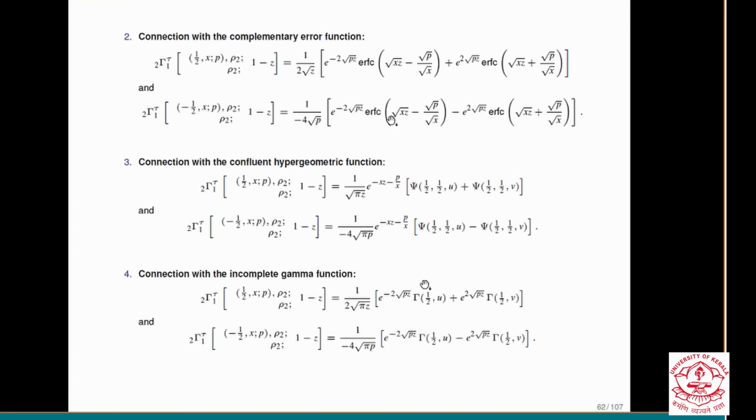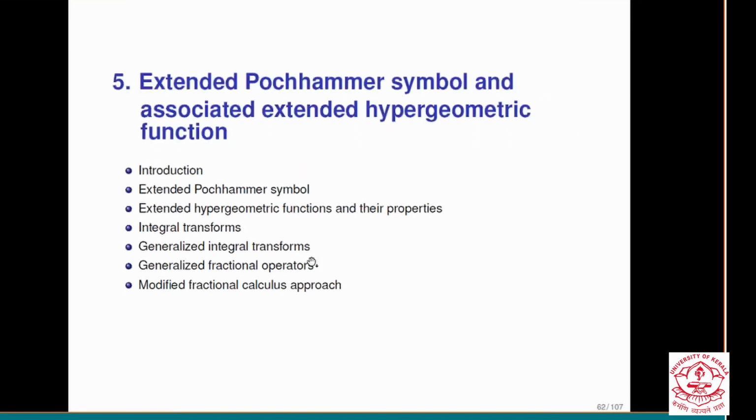So here error function under root xz, under root p upon under root x, and here we will get the incomplete gamma function. So this is gamma 1 upon 2u, as well as here this is the same thing. So in the same technique, it becomes 1 upon 4 minus 4 under root pi p, and into this one.